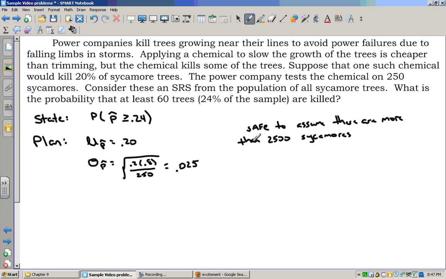So it's safe to assume that. Next up, we need to test that np is greater than 10. N is 250, p is 20%. If you multiply those together, you get 50. So that's greater than 10. Check. And 250 times 0.80 is 200. Check. So both are bigger than 10.